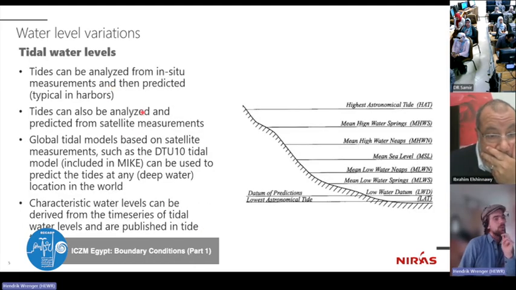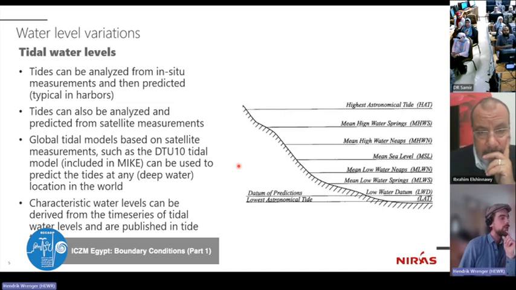So tides were these regular water levels. We know there's, for example, the global tidal model. There's some tidal water level shown here. The global tidal model is sort of applicable some distance from the coast in deeper water, and then when you apply a tidal boundary on the regional or coastal HD model, you will use that model to propagate the tidal wave into shallow water.